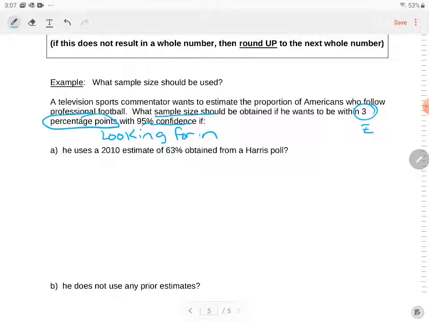Okay, so your confidence level is 0.95. Your E is equal to 0.03. Percentage points, when we convert, means out of a percent, which means out of 100. So 3 divided by 100 is 0.03. Okay, and he uses a 2010 estimate of 63%. So that means p hat is equal to 0.63.